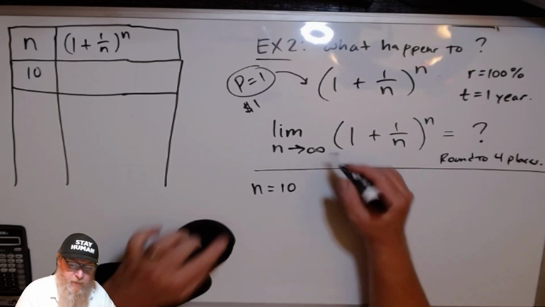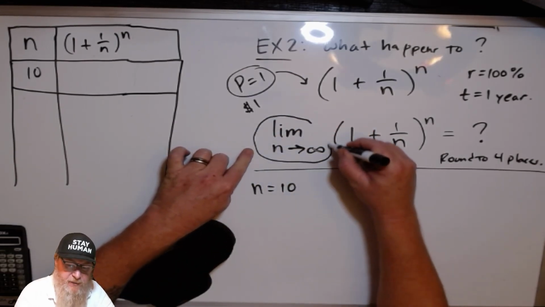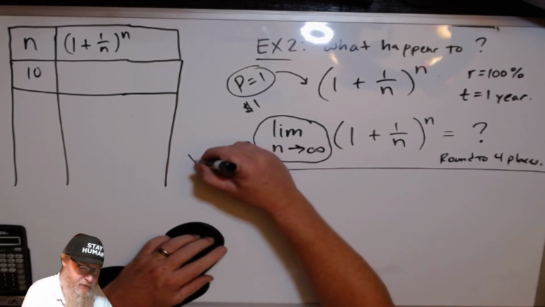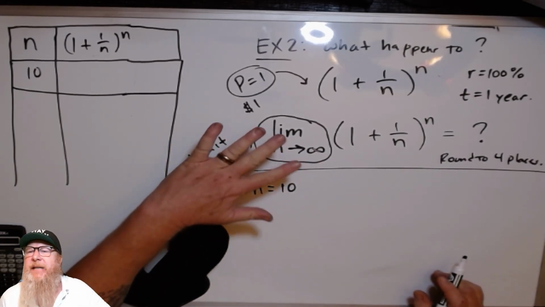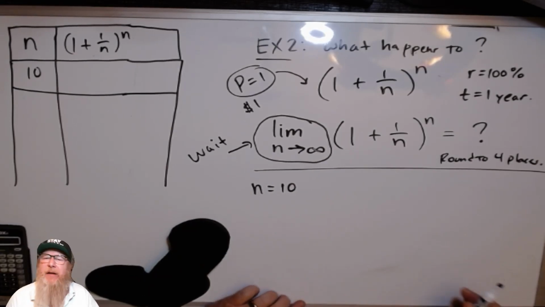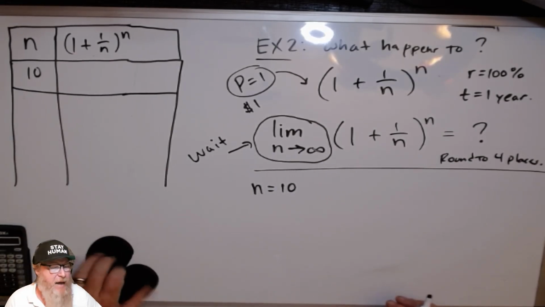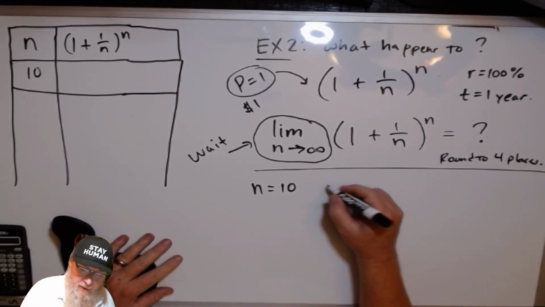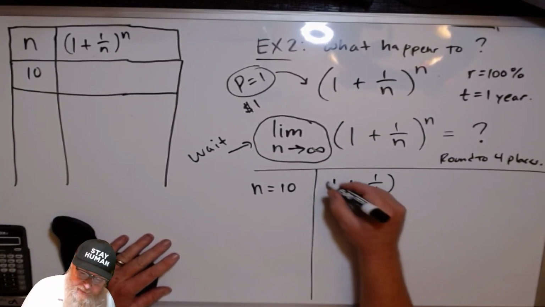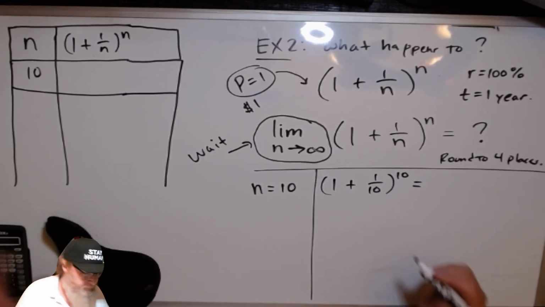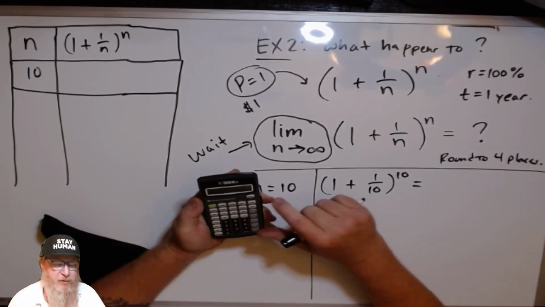So what do we got? Now we're just going to hold off on this, and we're going to wait. We can't predict the limit until we plug in a few values of n to look for a pattern here. So we got 1 plus 1/10 to the 10th. This is going to go a lot faster.